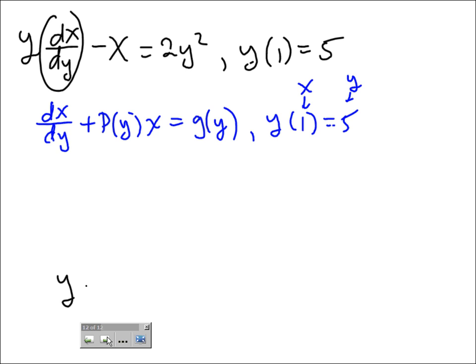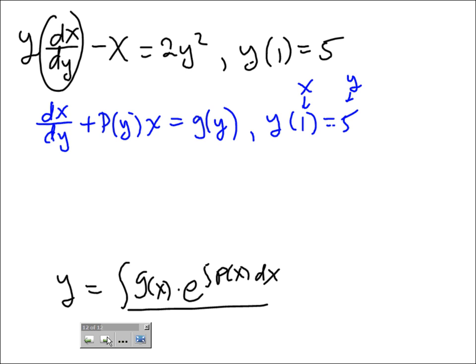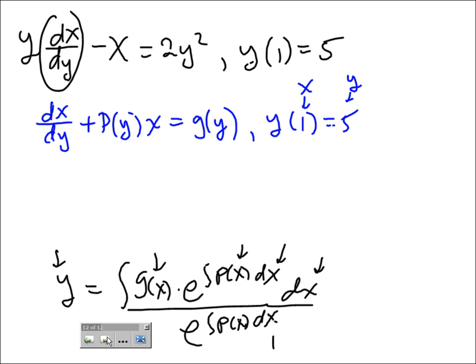Normally y is equal to the integral of g of x times e to the integral of p of x dx, all over e to the integral of p of x dx. So in our case, just change those letters from x's to y's, from y's to x's.